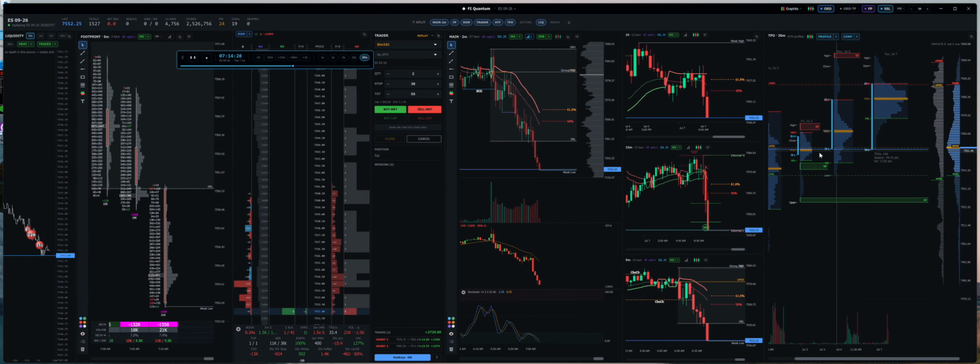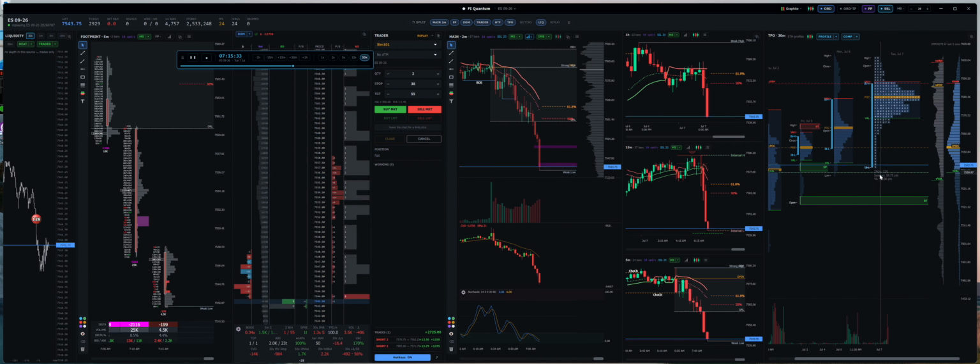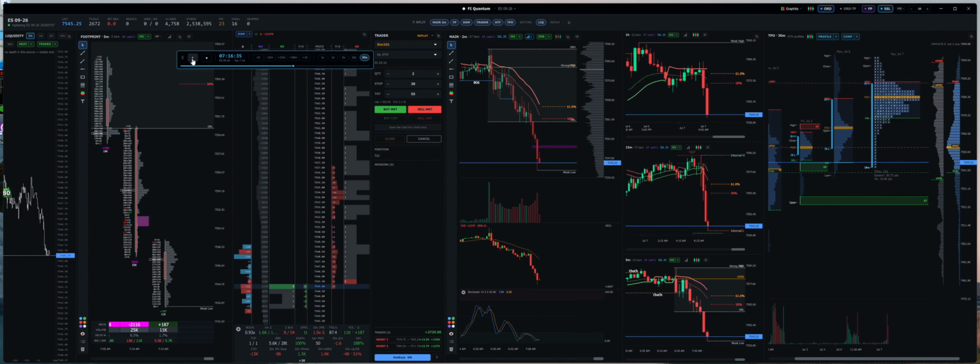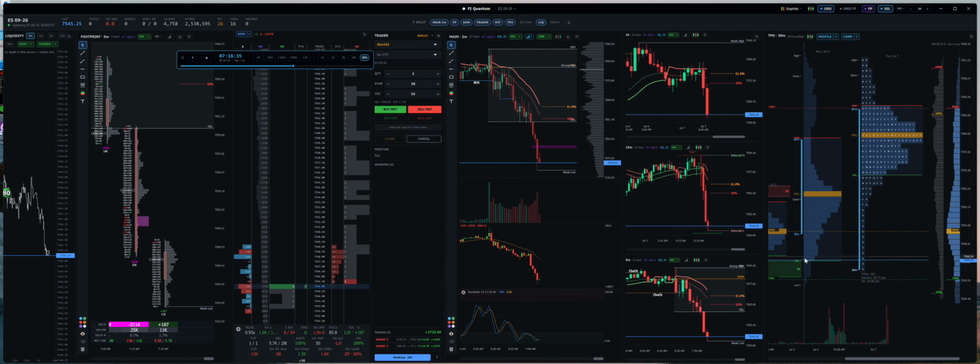Okay, took out previous IB low here. Okay, there you go. Okay. So full value area retracement on the market profile, right? From here to here with a single print in G period.